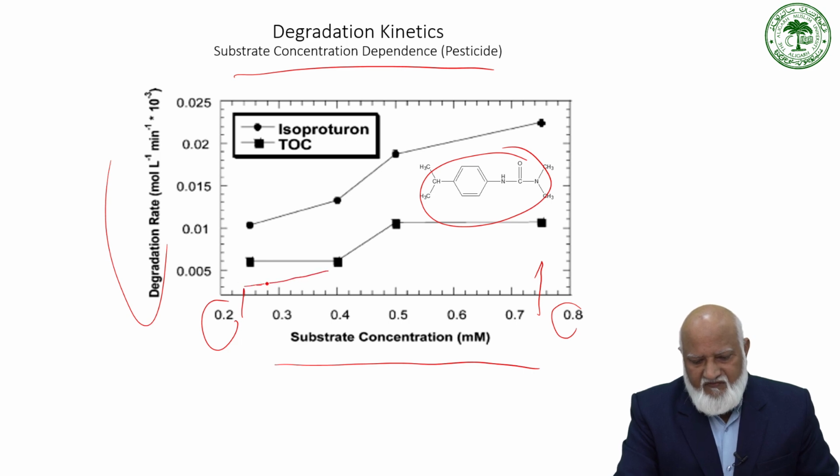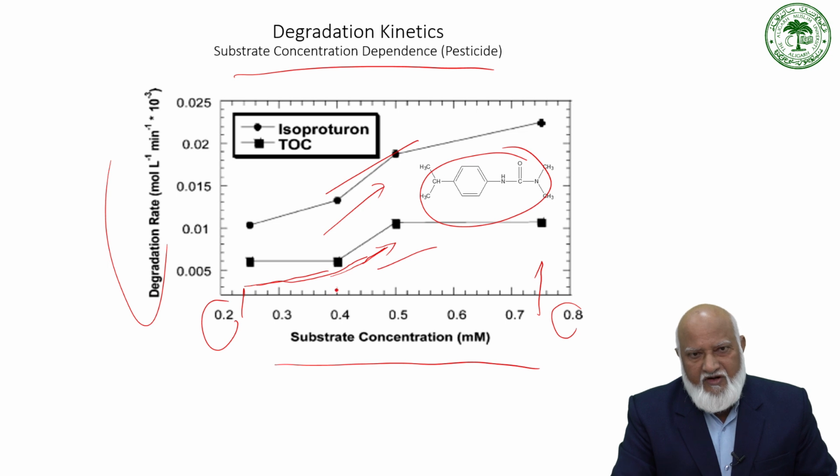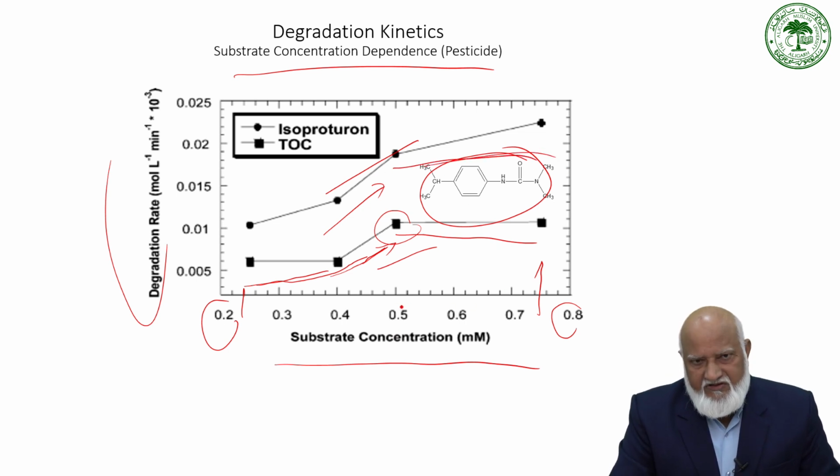You can see that with a slow increase in substrate concentration, there is an increase in degradation as well as mineralization, because more substrate is there and it will be degraded very fast. But again, after this, there is a leveling effect.